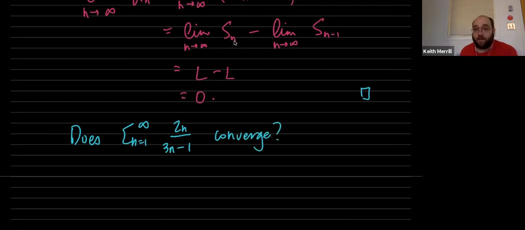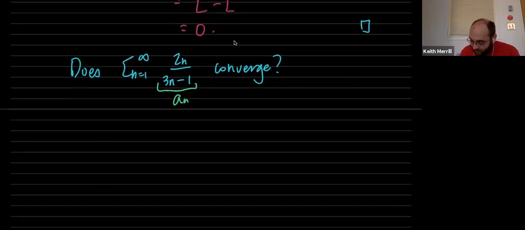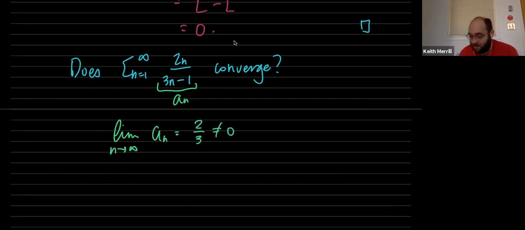You're going to get a lot of questions on later assessments that look exactly like this. Well, in this case, here is my a_n, and we can immediately see that the limit as n goes to infinity of a_n is equal to 2/3, which is not 0. So we can immediately conclude, no, the series diverges.